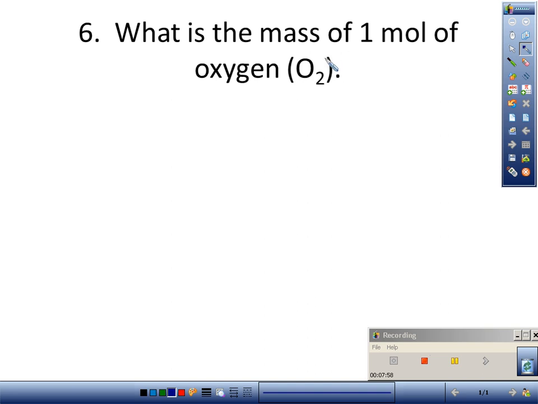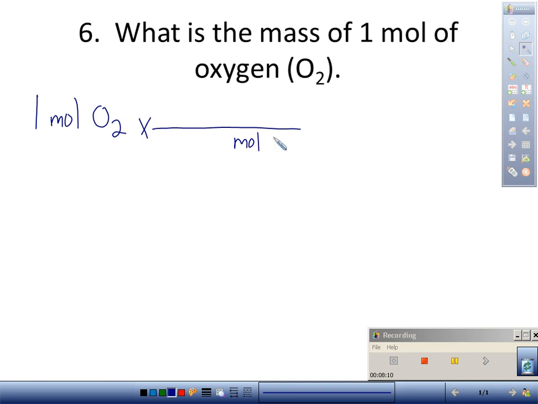The mass of 1 mole of oxygen. Well, there's 2 ways we could do this. That's my given, 1 mole of oxygen. I'm going to put my units down there to cancel. It's asking for mass. Mass is grams. And then my molar mass, I go to my periodic table.